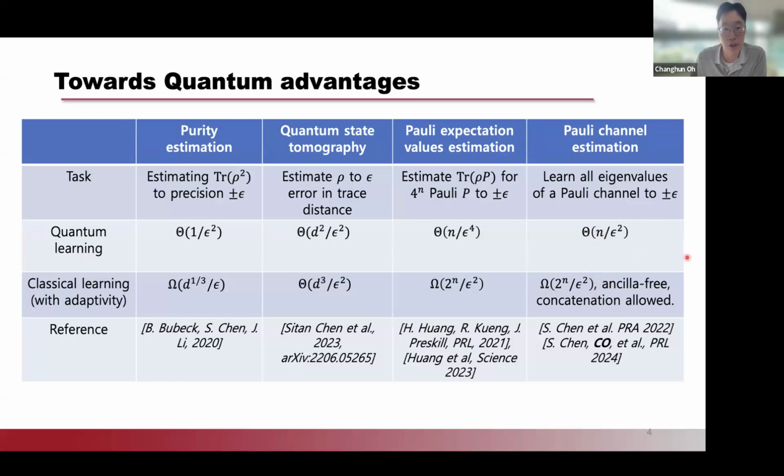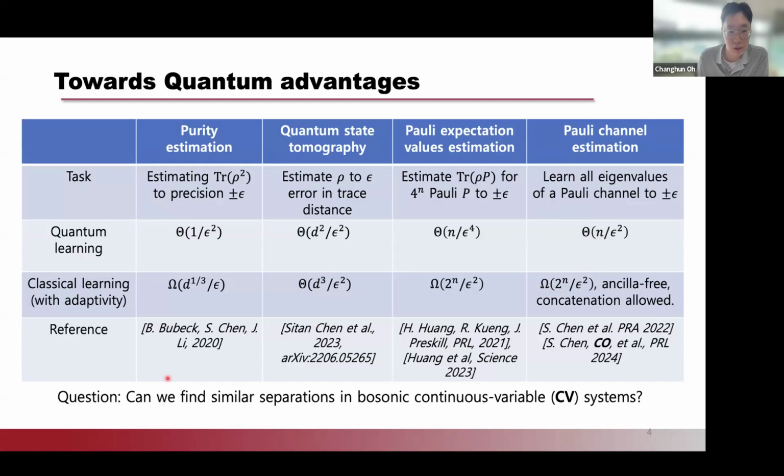And our main question in this talk is the following. Many of these results are mainly focusing on these discrete variable systems or qubit systems. But in our work, we wanted to generalize those rigorous exponential separations to bosonic continuous variable systems. So we wanted to find some rigorous exponential separation for learning.